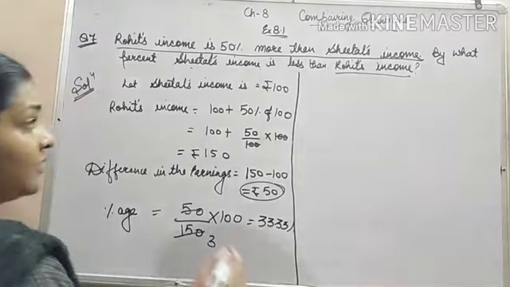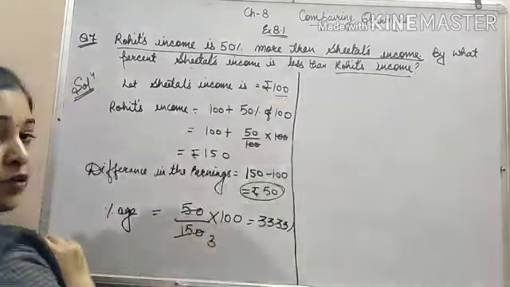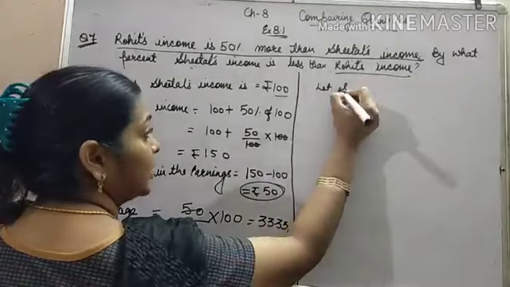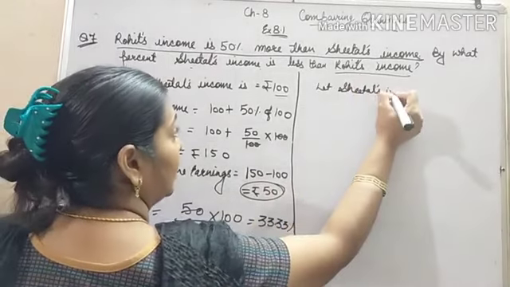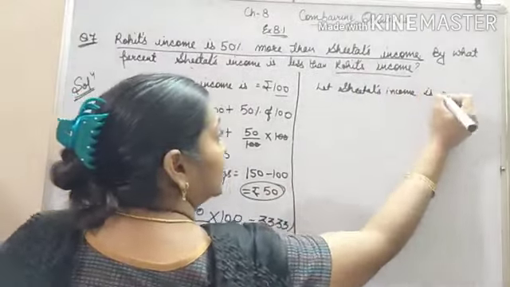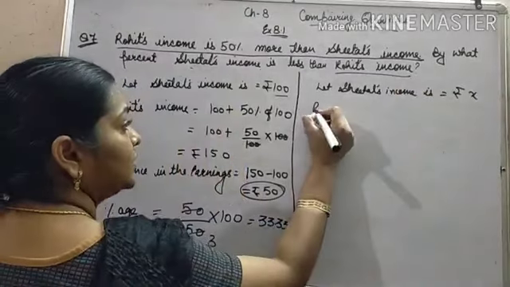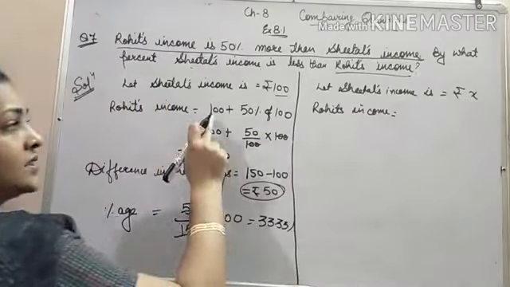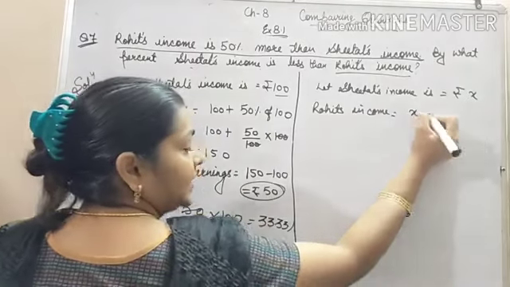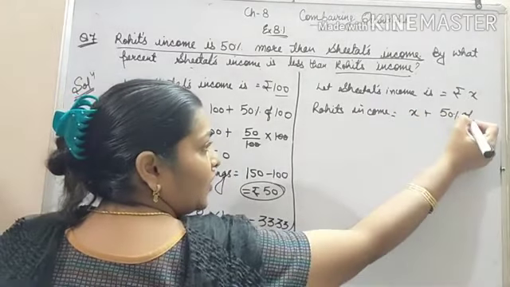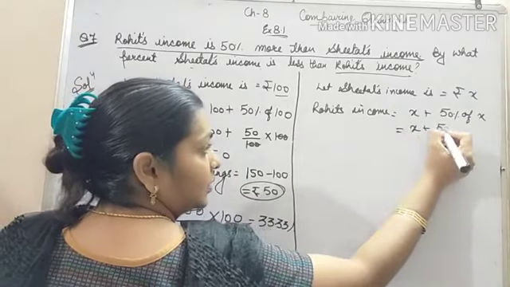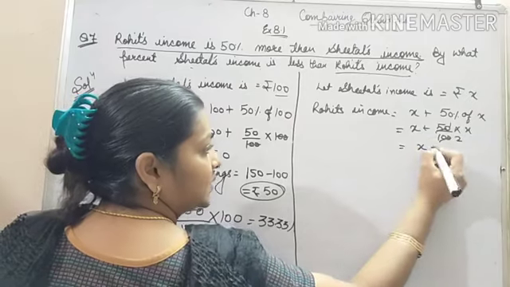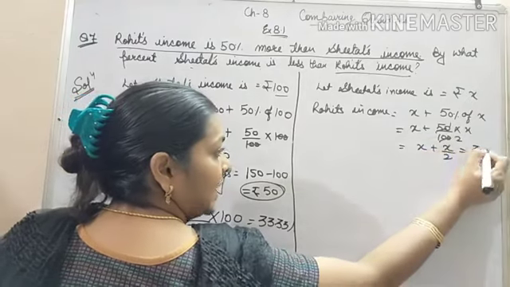Another way is that, instead of supposing rupees 100, you can take it as X. Let Sheetal's income be rupees X. Now Rohit's income will proceed in a similar manner, but instead of 100 it will be X plus 50% of X. It will be X plus X by 2, that is equal to 3X by 2.